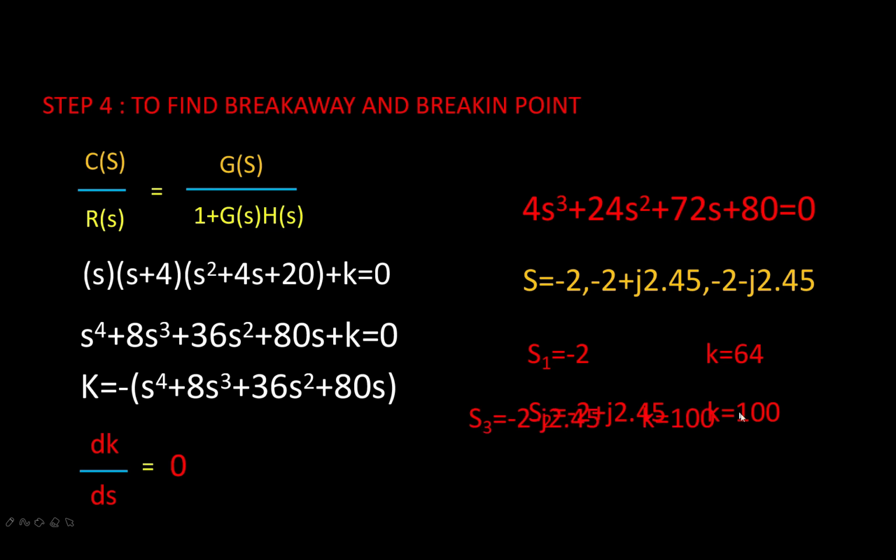Every student already knows how to solve this equation and get the answer using the calculator. With that procedure, every value of k is positive for all these three values of s. But all three values of s cannot be the breakaway point, so we have to locate them on the graph and justify it. We'll see these conditions in the graph.